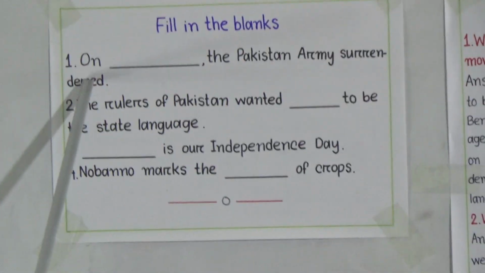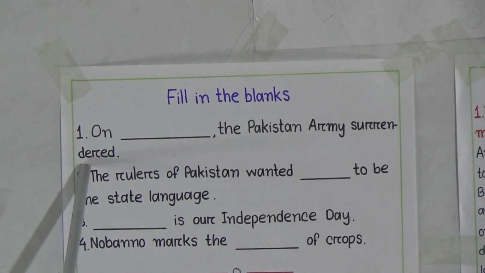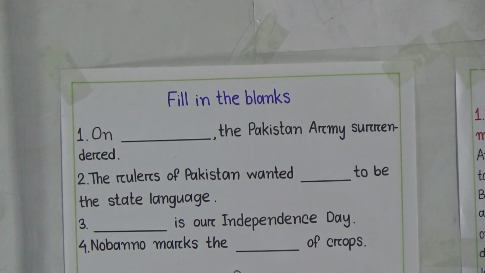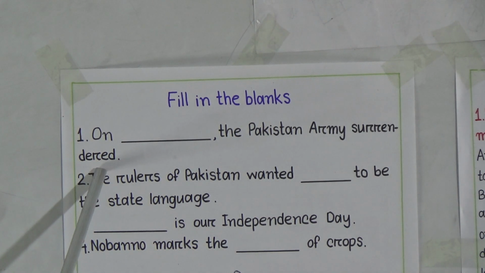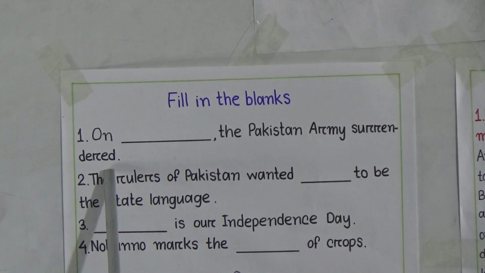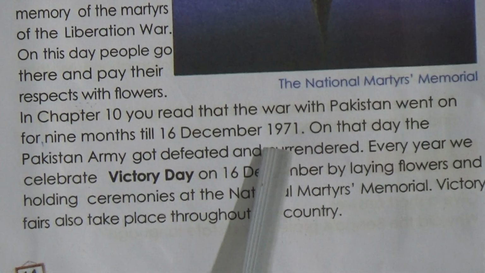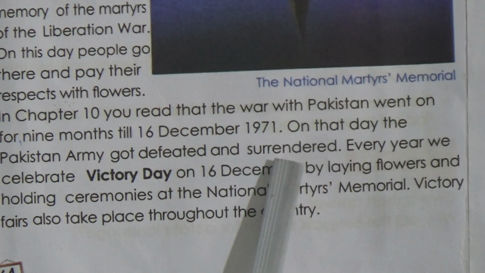Number 1, on gap, the Pakistan Army surrendered. Students, can you guess what will be in the gap? Okay, come here, lesson 2. In chapter 10, you read that the war with Pakistan went on for 9 months till 16 December 1971. On that day, the Pakistan Army got defeated and surrendered.